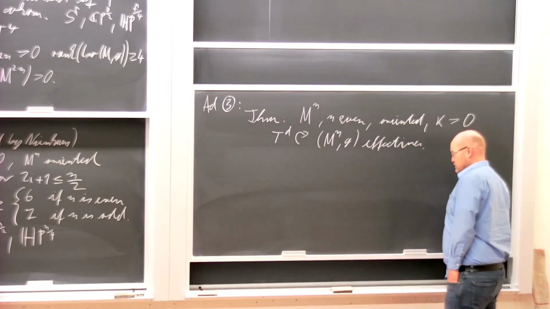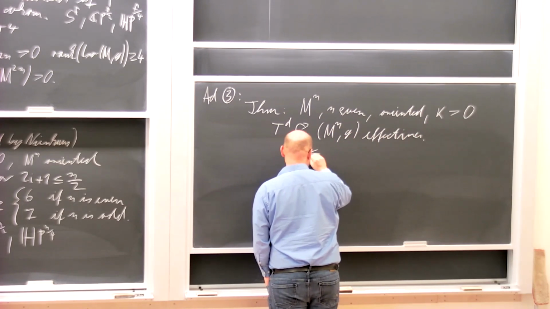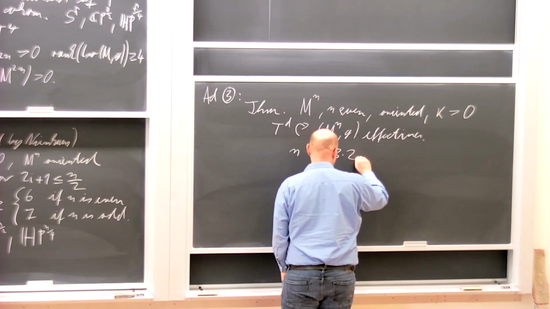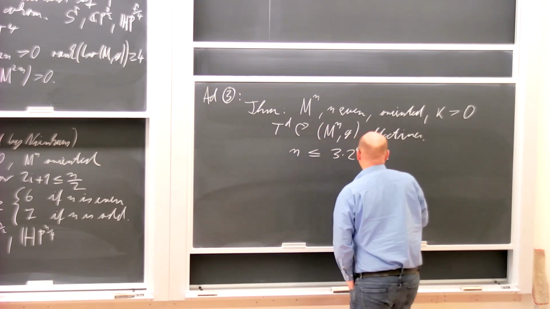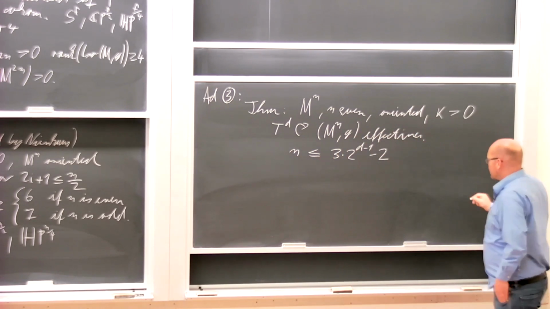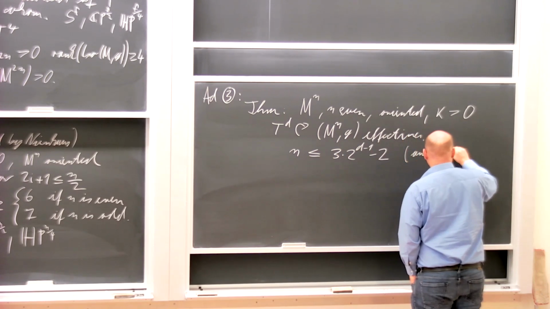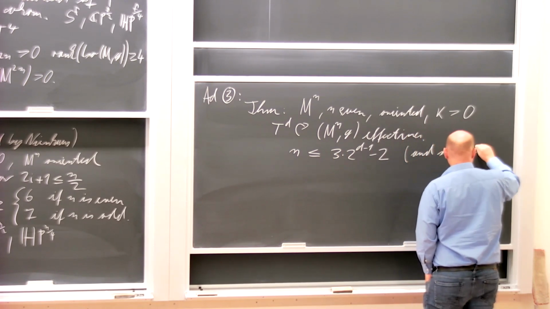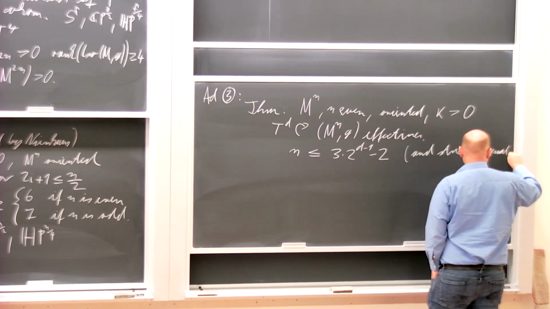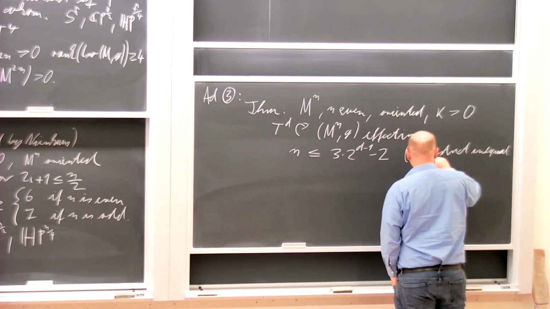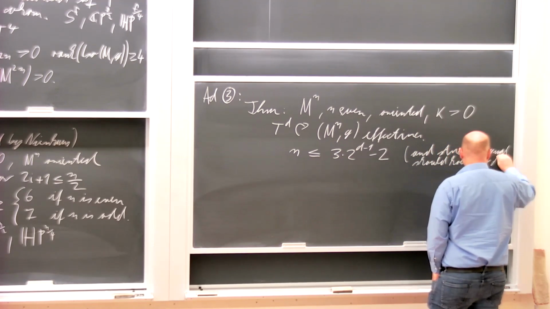And now the assumption is that n is less than 3 times 2^(d-1) minus 2, with strict inequality holding for d larger than 5.